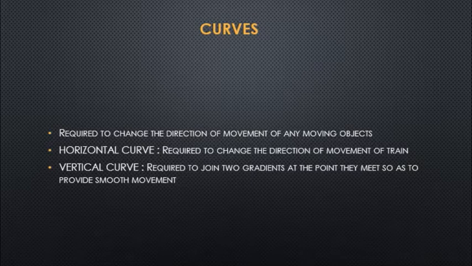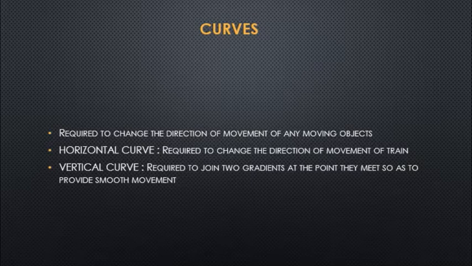Generally, two types of curves are provided in the design of railway tracks. The curves may be a horizontal curve or a vertical curve. Curves are generally provided where a change in direction of movement of any moving object is required.